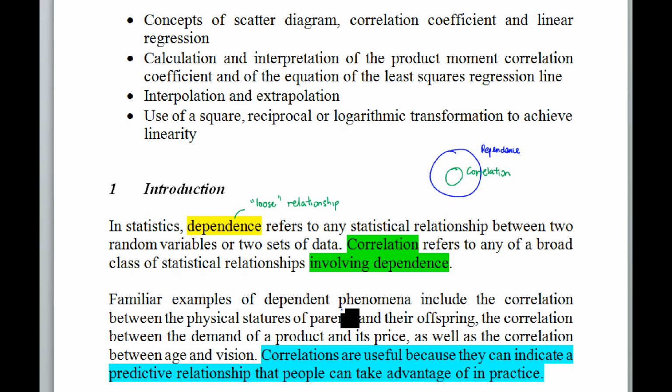Familiar examples, just now I've gone through quite a few, like your H2 math score, H2 econ score, etc. That's possible. Correlations are really useful so that we can make use of them. You know what I'm saying? If you tell me, for example, the dark chocolate thing, if it really is positively correlated, many people will rush to the chocolate stores and buy a lot of dark chocolate and eat.